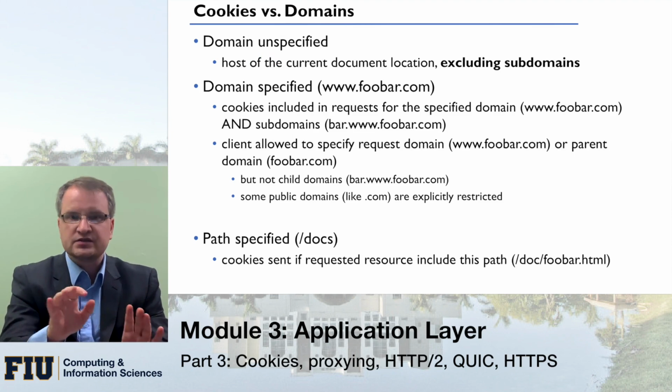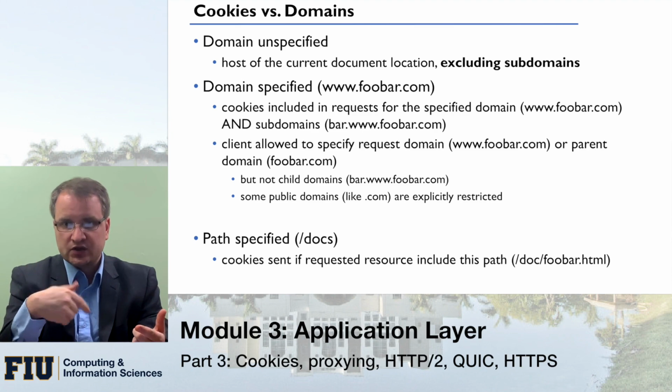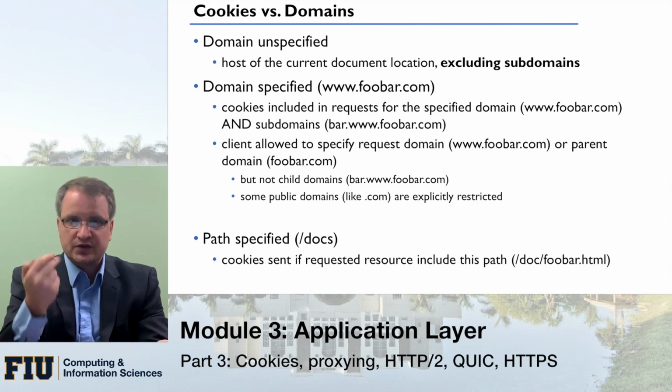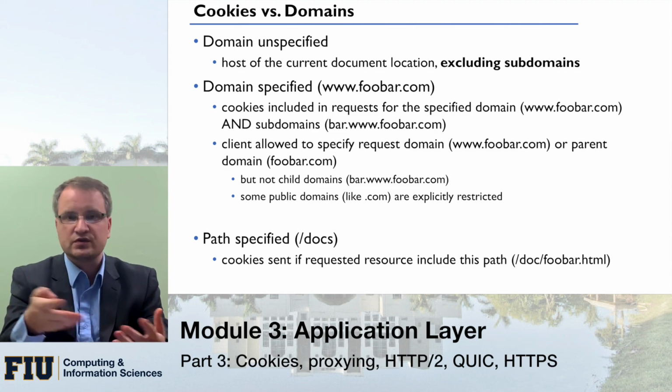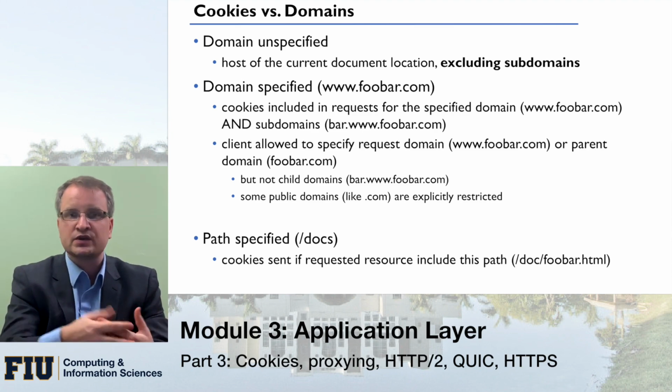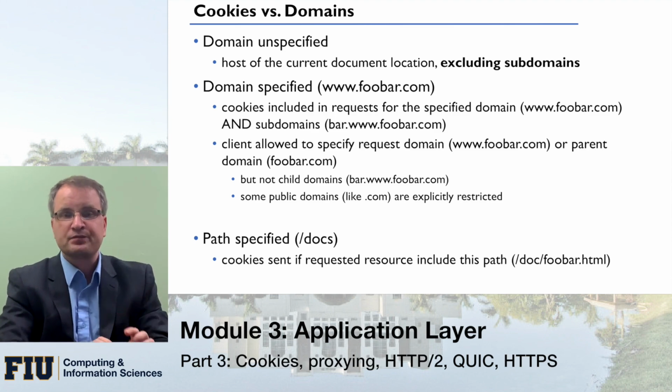The path, as I said, is very simple. The server can say for this path, use this cookie. If the path is not present, just use it for all paths when requesting from the server. So that's simple and quite clear.